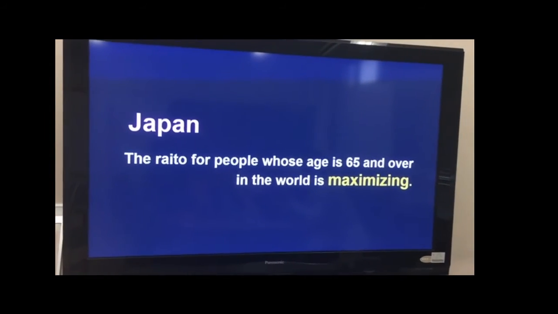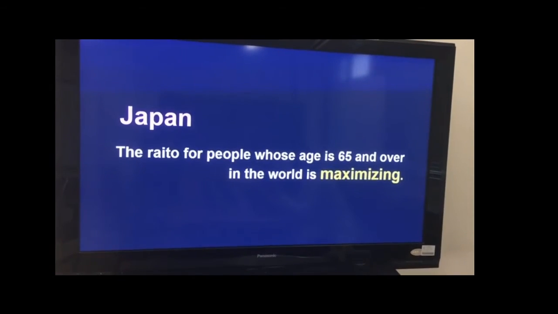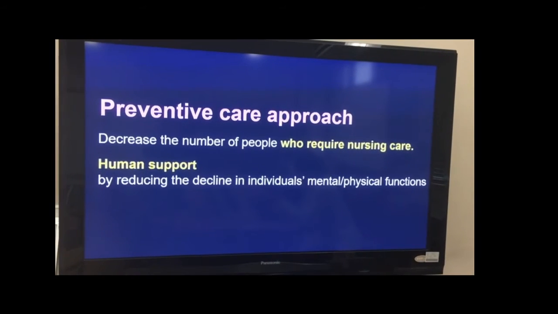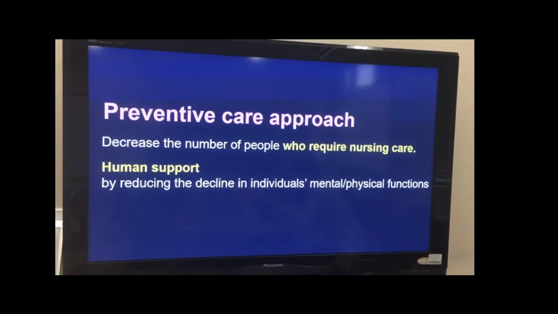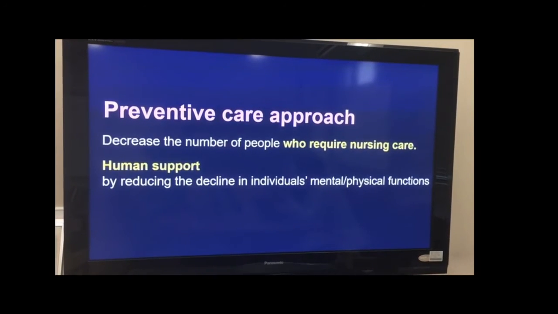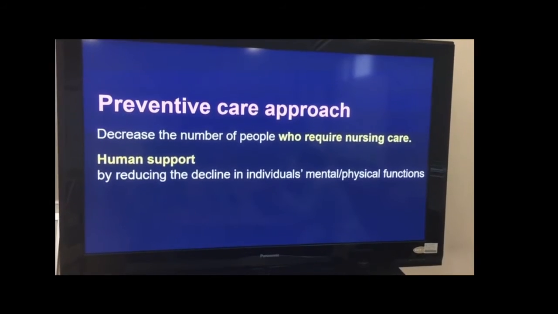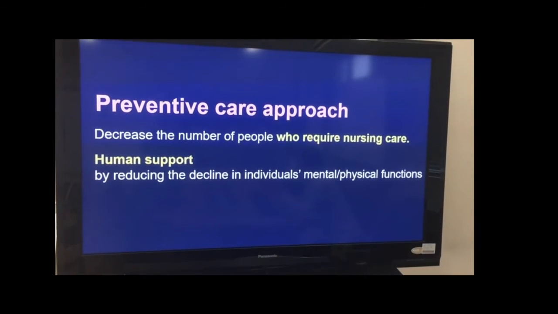And also, Japan is known as the world's most advanced super-aged society. So preventive care approaches have received a lot of attention as they aim to decrease the number of people who require nursing care and human support by reducing the decline in individuals' mental and physical functions.